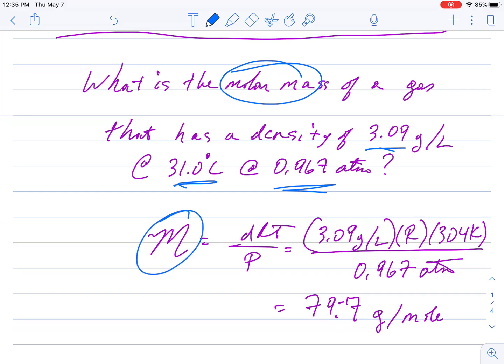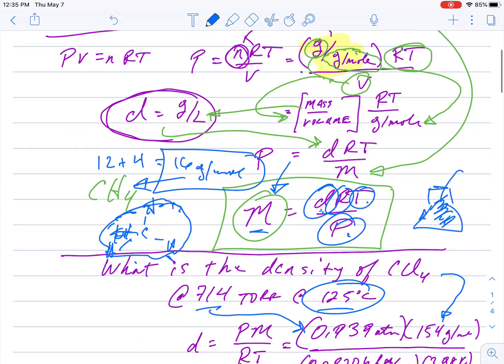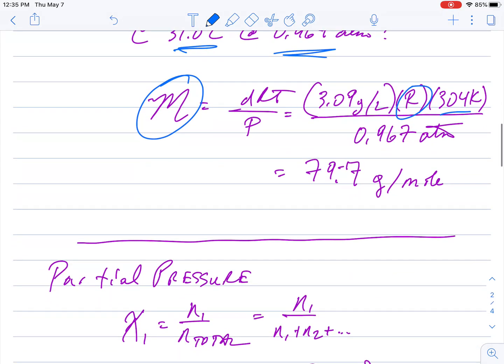So we don't know what the formula is, but if we can figure out what the molar mass is, then that could give us a huge clue in terms of figuring out the actual structure of this. So we've got the density, 3.09, gas law constant, temperature 304. Boom, we got 79.7, if you do the math, as your molar mass.